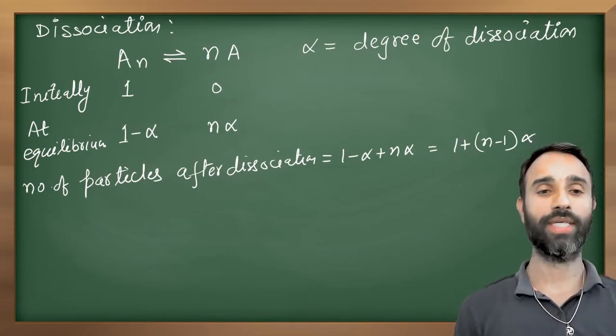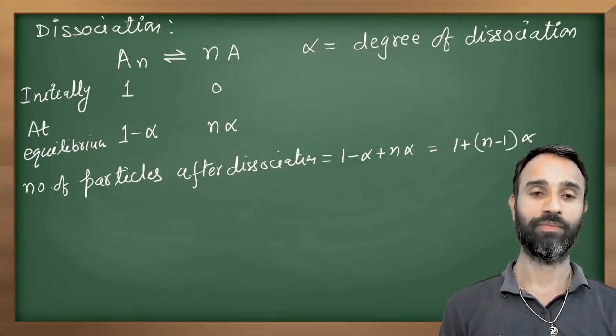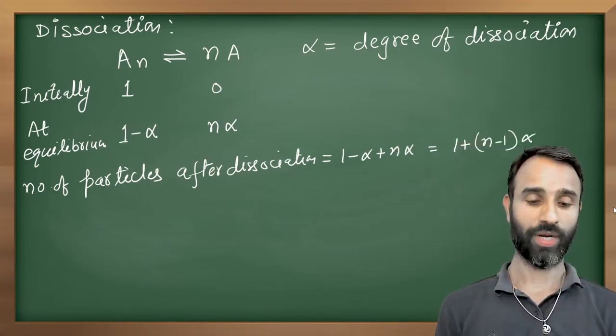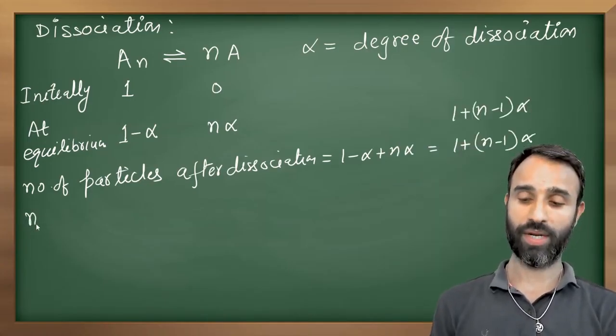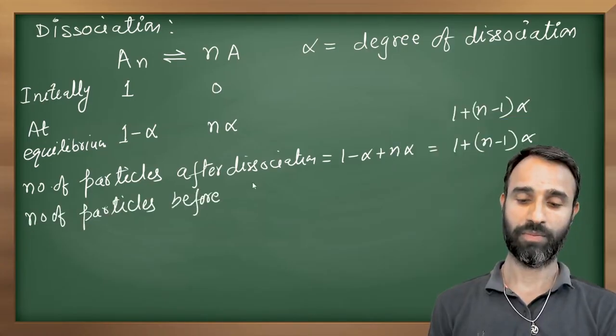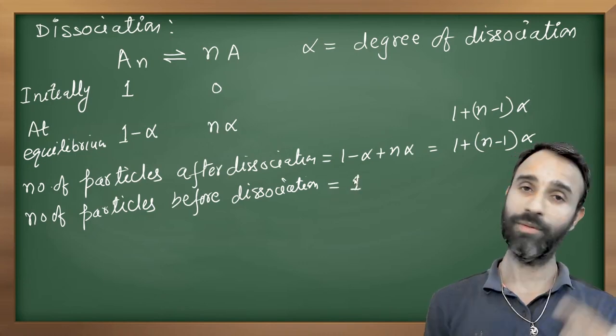So it is 1 plus (n minus 1) alpha. And the number of particles before dissociation is only 1.